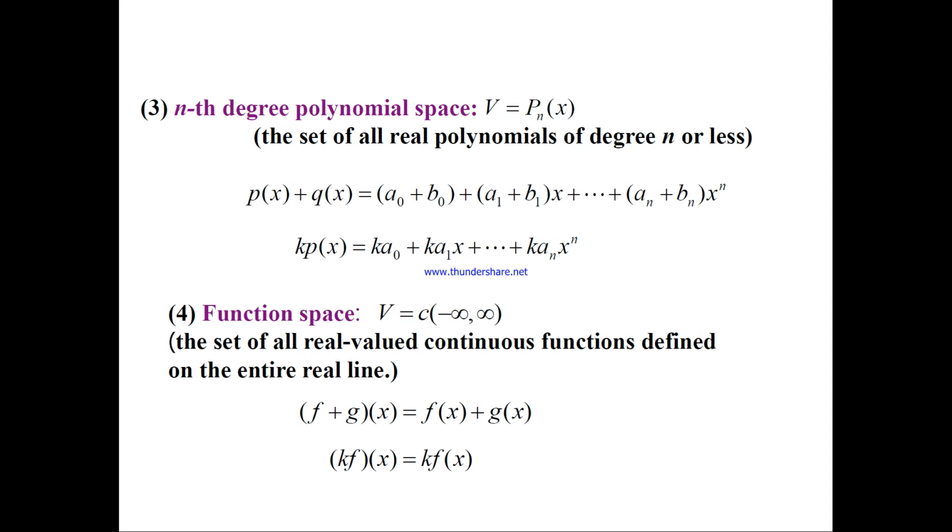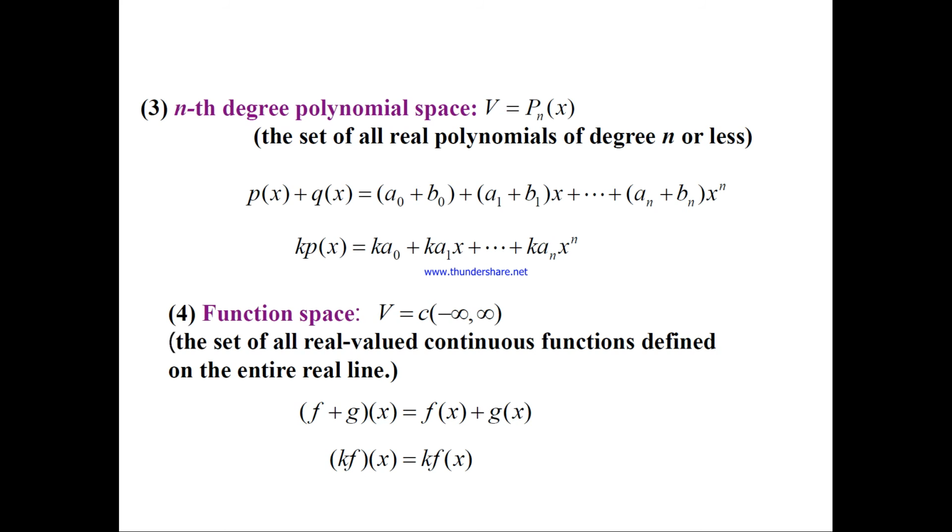Now the fourth example is the function space. We can also look at functions as a vector space. V equals C of minus infinity, infinity. So that would be an example of some function we define. The first condition: (f plus g) of x should be equal to f of x plus g of x.